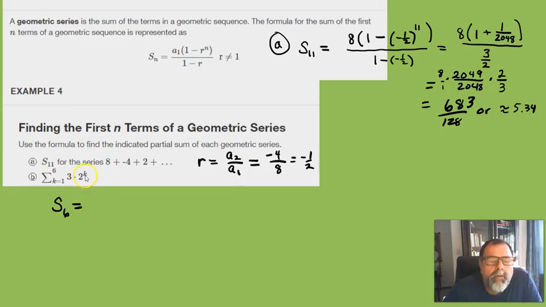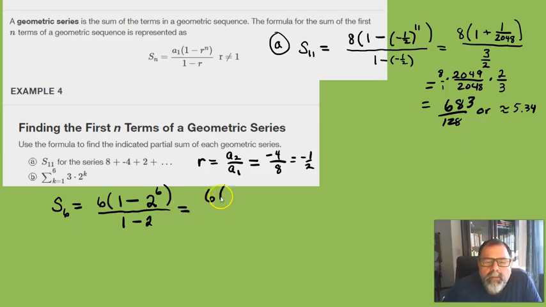The first term would be, if you put in 1, 3 times 2 would be 6. 1 minus R is the 2. And then 2 to the 6 over 1 minus 2.